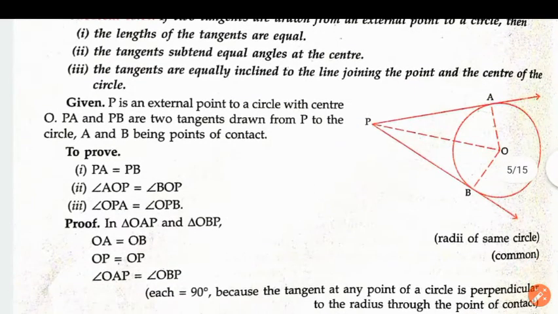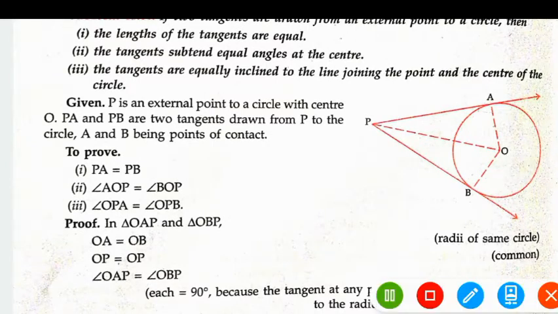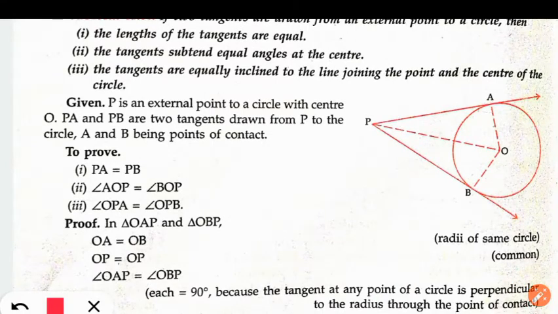So let's prove this. Given: P is an external point to a circle with center O, and PA and PB are two tangents drawn from point P to the circle. A and B are the points of contact. What we are required to prove, as I have already told you, is number one, PA equals PB.